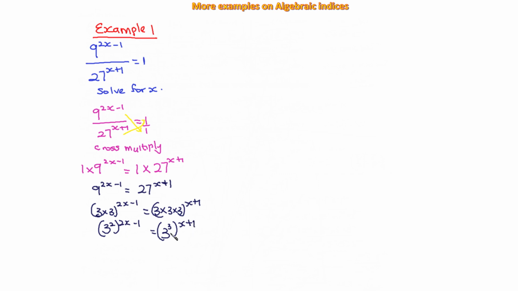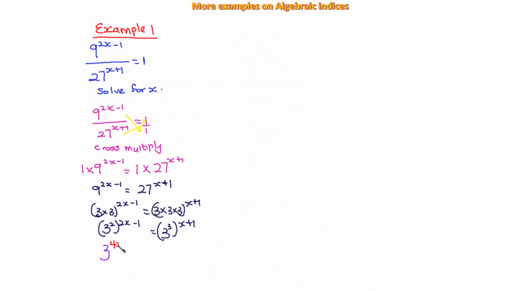And then what is the next thing we can do here? The next thing we can do is multiply the indices, the index of 2 of 3 raised to power 2, with the outside one by opening the bracket. Once you open the bracket, 3 raised to power 2 times 2 is 4, then you had your x.